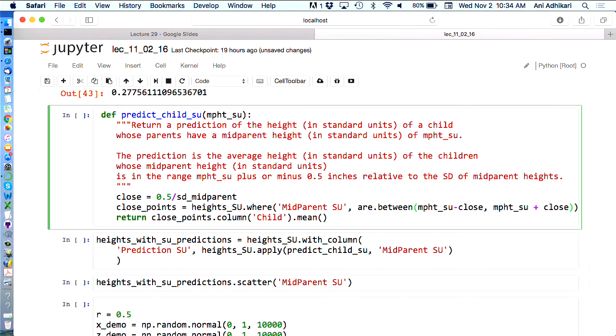Can somebody tell me before I go to return, is that a correct transformation to make? You see anything I'm missing? So this is the heights table in standard units where the mid-parent height in standard units are between our given thing plus or minus this number that we have defined to be the degree of closeness.